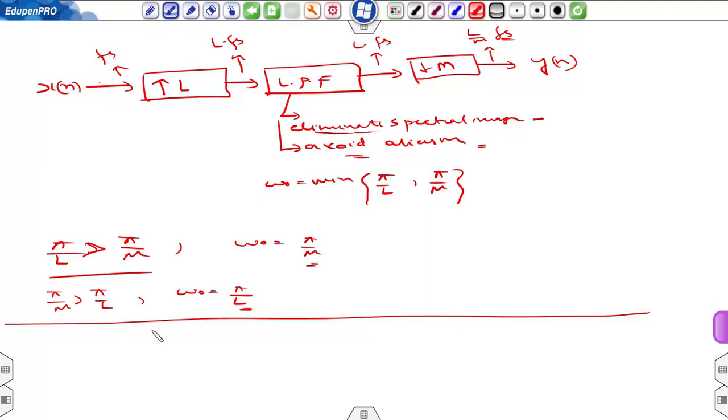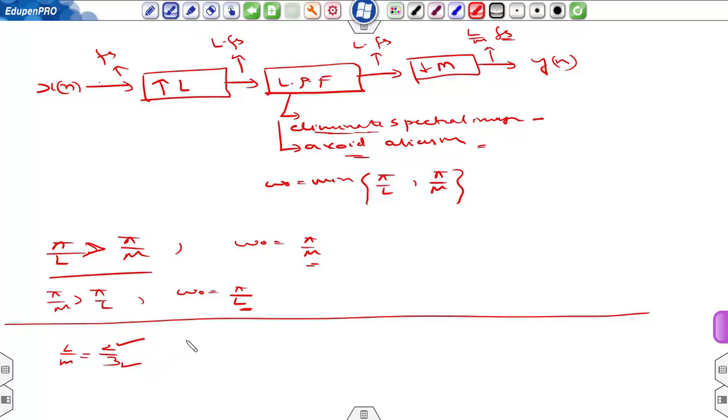Now suppose you want to change the sampling rate by factor 2 by 3. L by M is 2 by 3. You use the same approach: first upsample the signal by factor 2, then apply a low pass filter, and then downsample by 3.